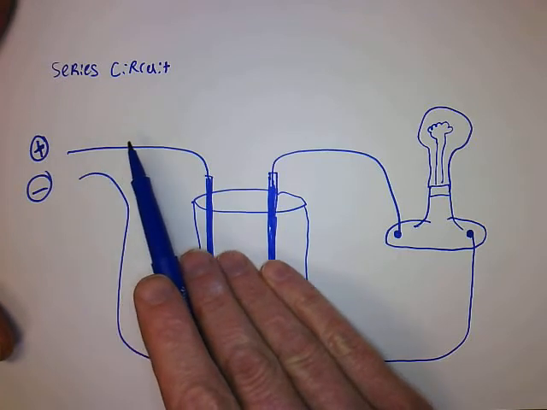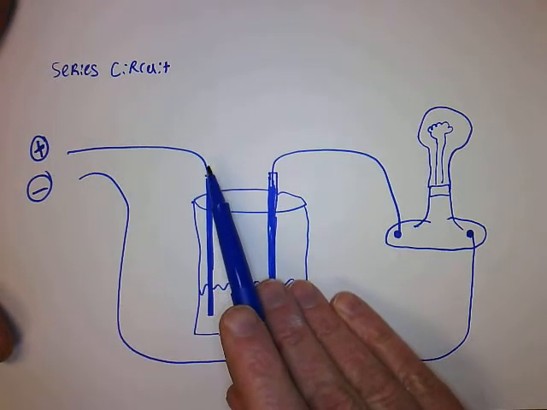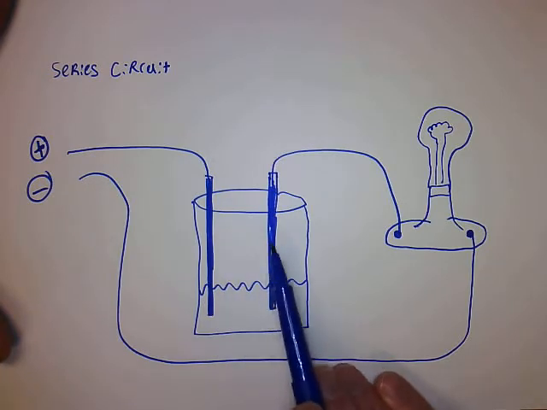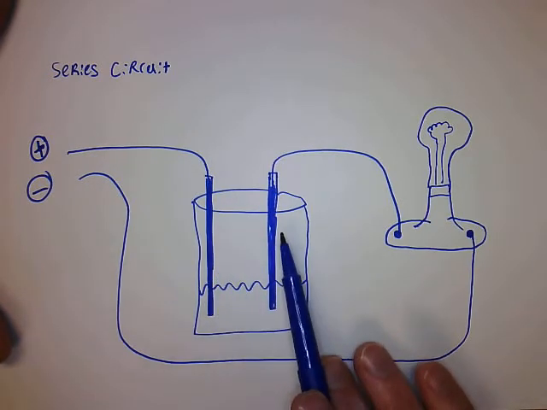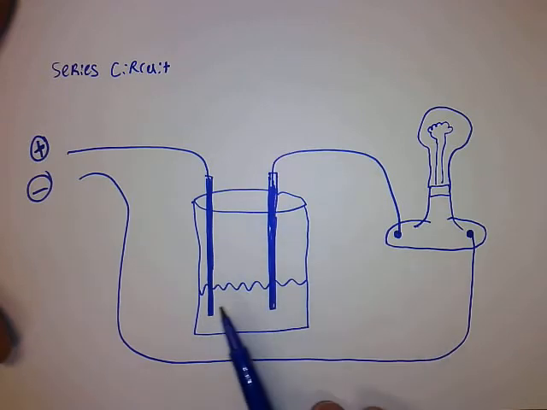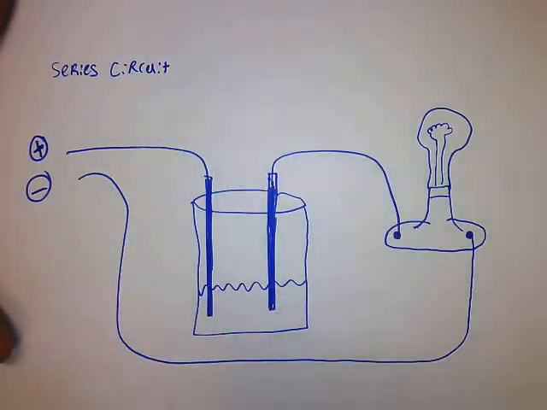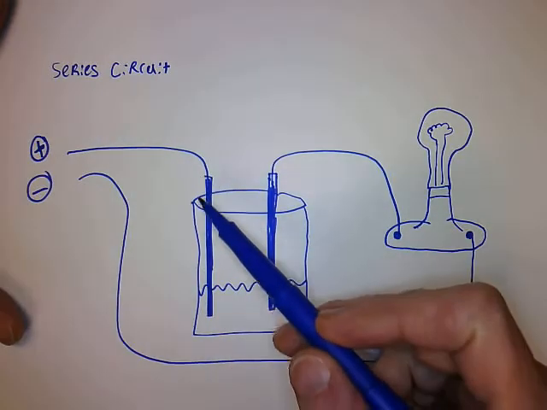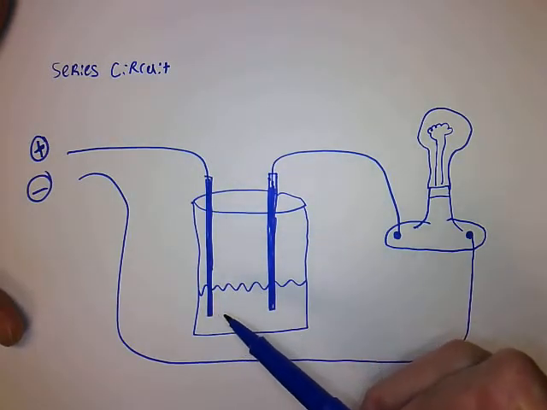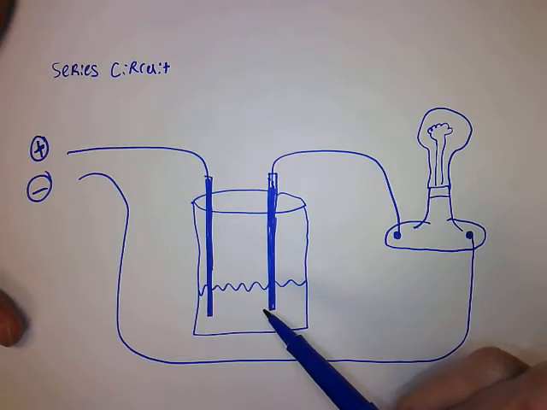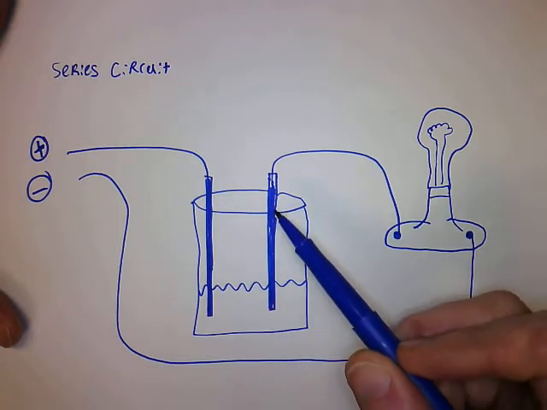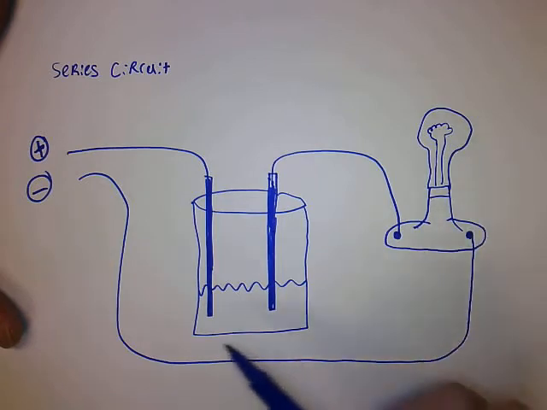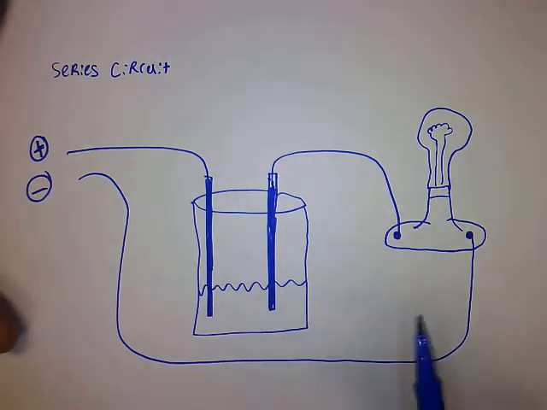Electricity is going to have to flow through the wire to the electrode and into the solution. There's no connection between these two electrodes except for the solution. So electricity is a flow of electrons that have to go through the wire, through the electrode, into the solution, pass through the solution to the second electrode, then through your light bulb, and back to the power supply.